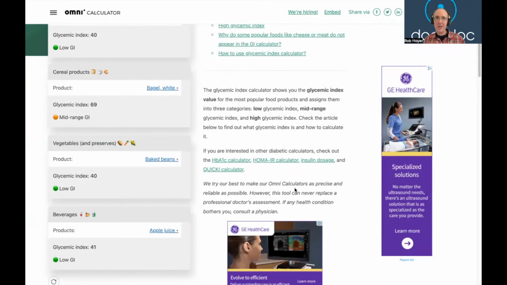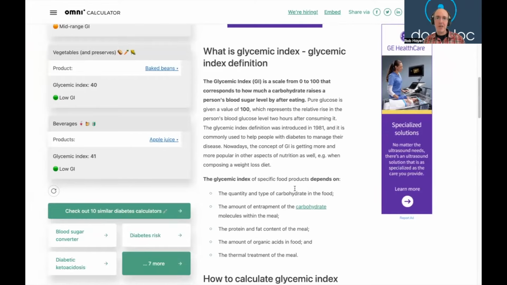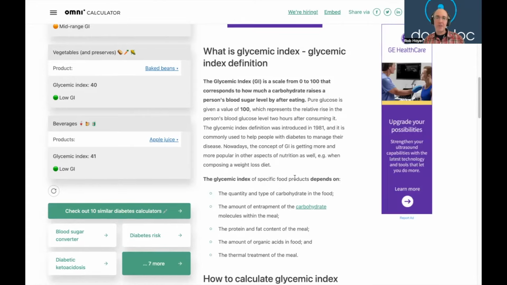It's defined as low, medium, or high glycemic index for a certain food, and basically it goes from 0 to 100. 100 would be something very sugary, like pure sugar. If you give a person 50 grams of sugar and study their blood glucose, that's the effect, what's called the area under the curve of the blood glucose value for the next 2 hours. That's how you get the control.